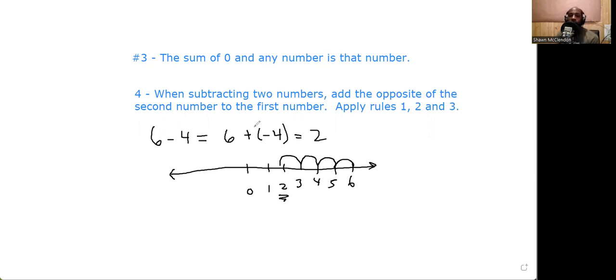So all they're saying with that is just remember, this is applying rule number 2, which is when you add numbers with opposite signs, subtract the one with the lesser absolute value from the one with the greater absolute value, and then assign the sign of the greater number to your answer. So that's 6 minus 4 is 2, and it is positive 2.